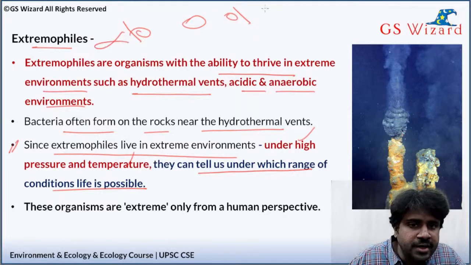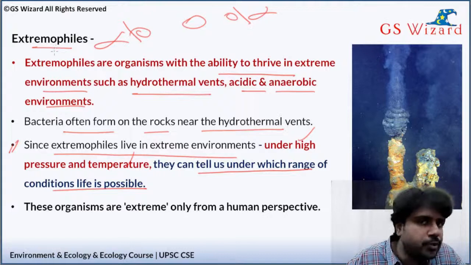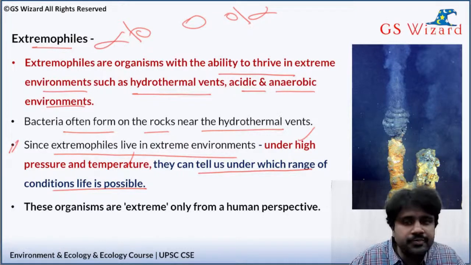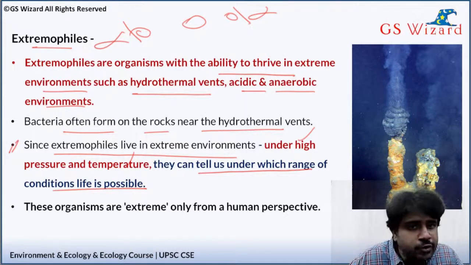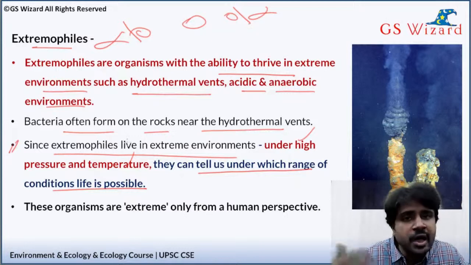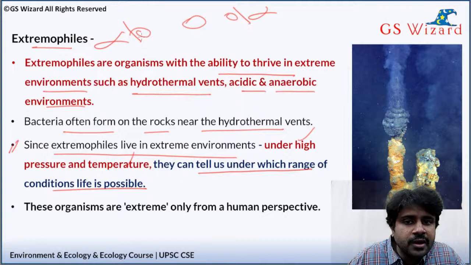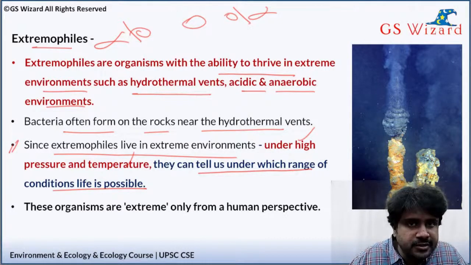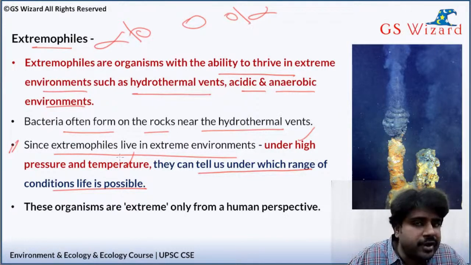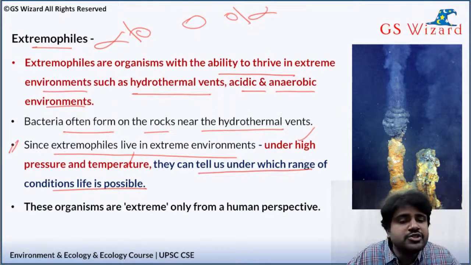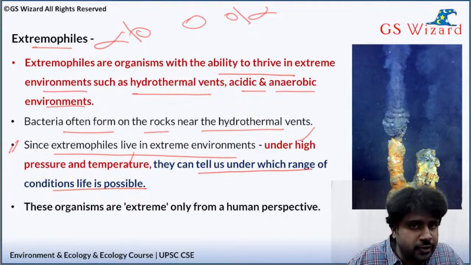Beyond that, life cannot exist. Even though extremophiles live in environments with high pressure, high temperature, or acidic conditions, they can only tolerate those extreme conditions up to a certain extent. Beyond that, even they cannot survive. So that is the reason extremophiles can tell us under which range of conditions life is possible.